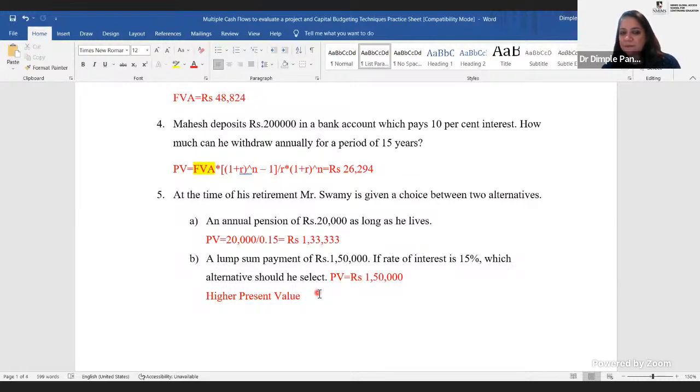If I go for an annual pension of 20,000, but tell me one thing, if we did not know the concept of time value of money, wouldn't this have been lucrative, to say give me 20,000 for the time I survive? What do you think? Wouldn't it be lucrative?